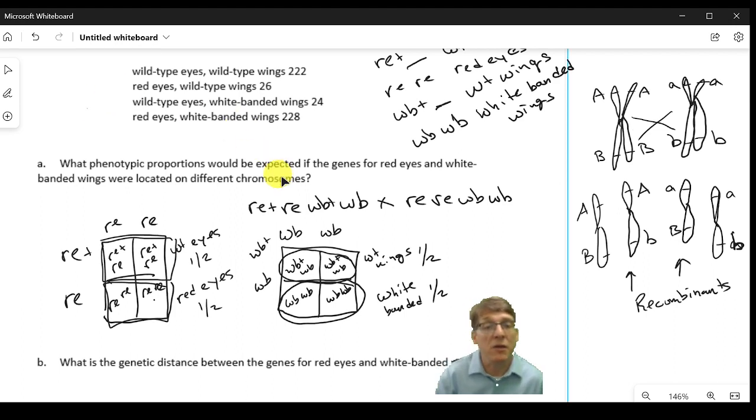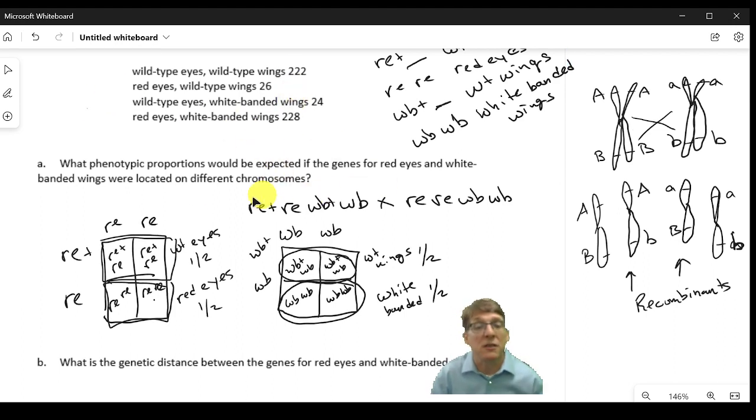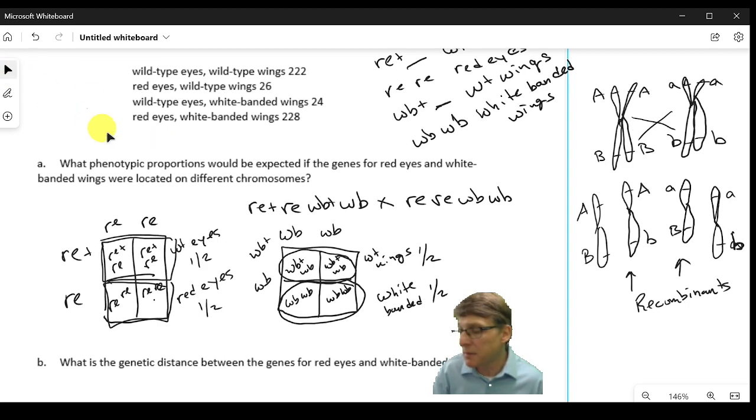So now what we need to do is actually answer the question, which is: what are the expected proportions? Given these different phenotypic combinations, if these were independently assorting, what ratio or proportions of the offspring would we expect in this cross? So now we can just combine our probabilities. I'll draw the results right up here.